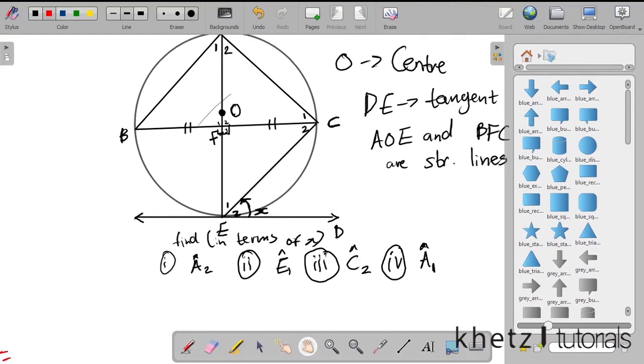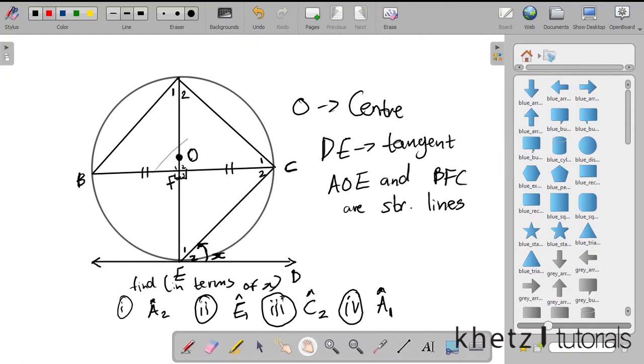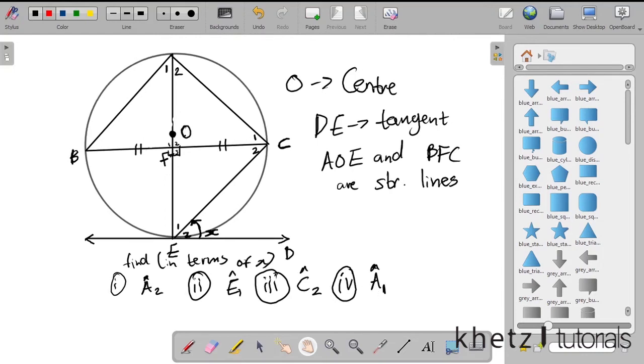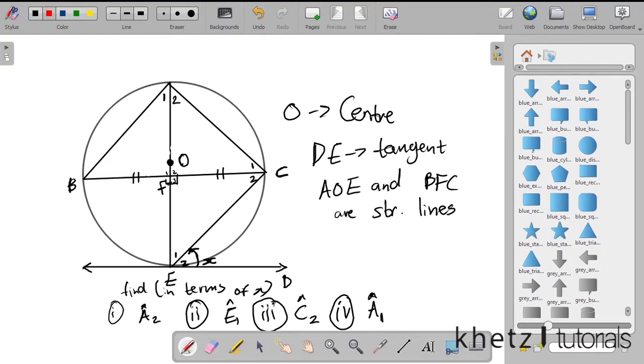So given this diagram over here, O is the center, DE is a tangent, and we're told that AOE and BFC are straight lines. That is what we're told over there.